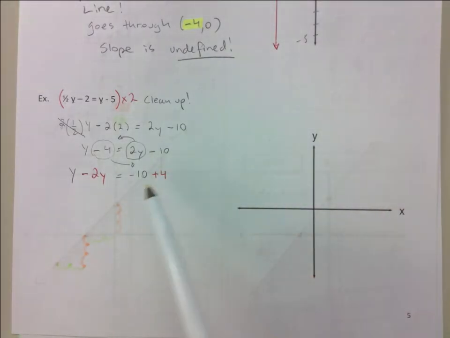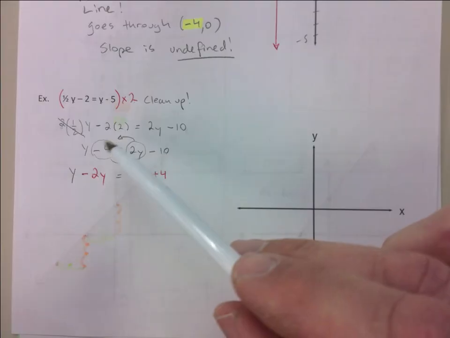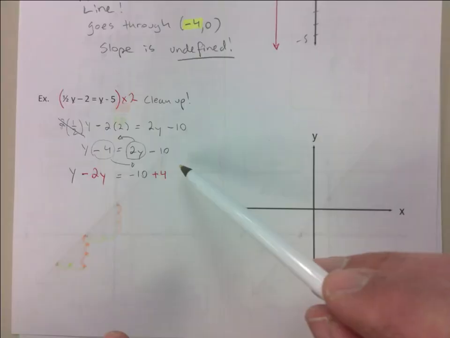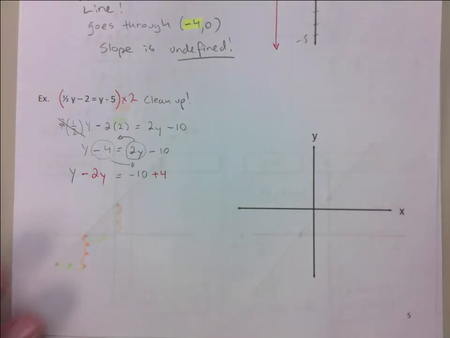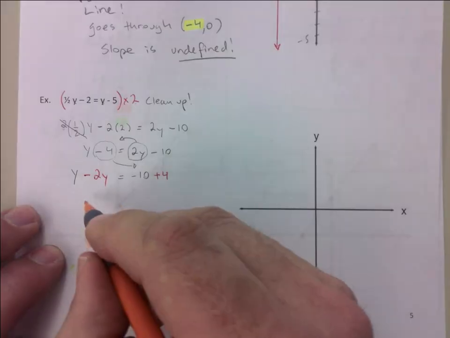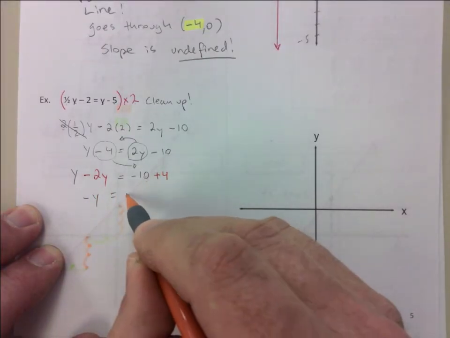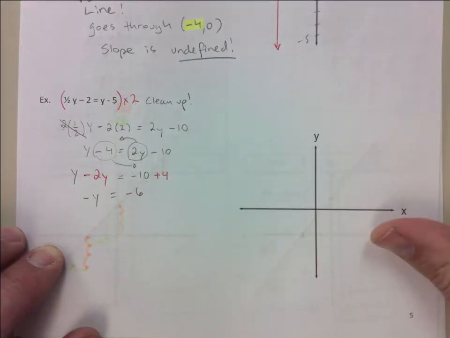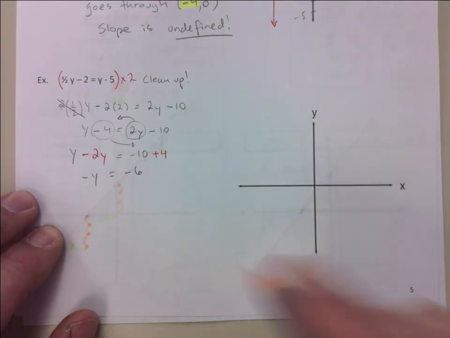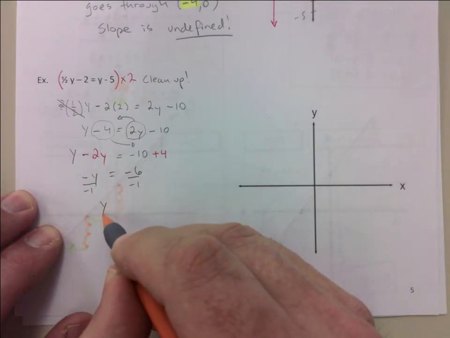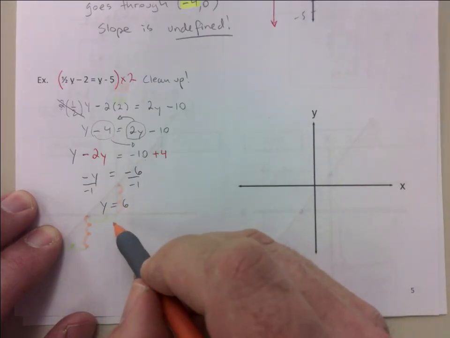So in this case, we didn't just bring stuff over to the left. We also brought a constant over to the right. Y minus 2y is -y. -10 plus 4 is -6. Divide both sides by -1. Y is equal to +6.